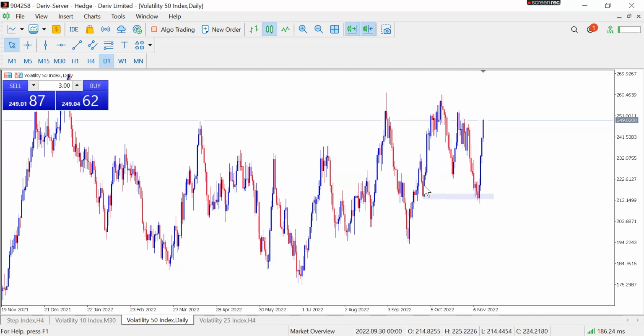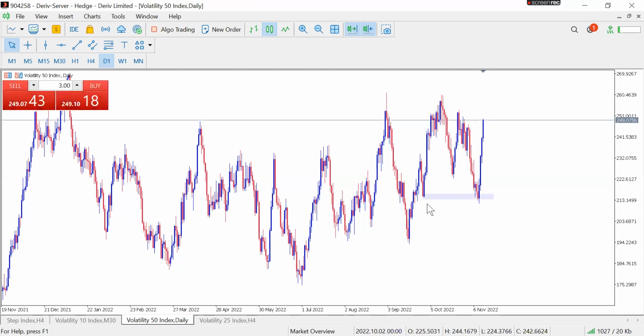It came shooting down with two elongated candlesticks, and then it left this zone with three elongated candlesticks. Actually it's two elongated, but there are three bullish candlesticks moving in an upward direction, consecutive to each other.